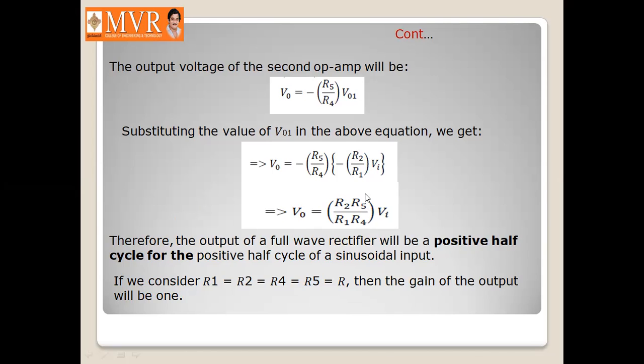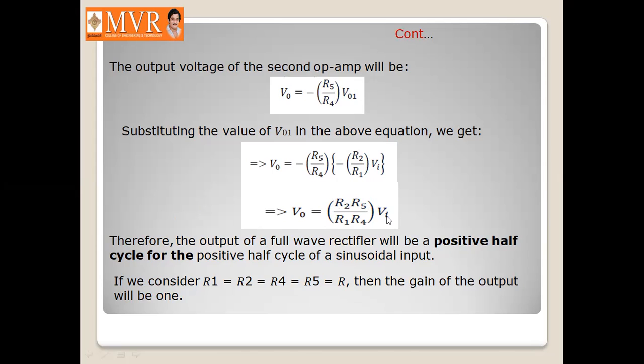So Vo is equal to, finally, minus into minus will become plus. Here we can see the output will be a positive voltage, and the amplification depends upon the resistors R2, R5, R1, and R4. If all the resistance values are equal, then the output is equal to the input.